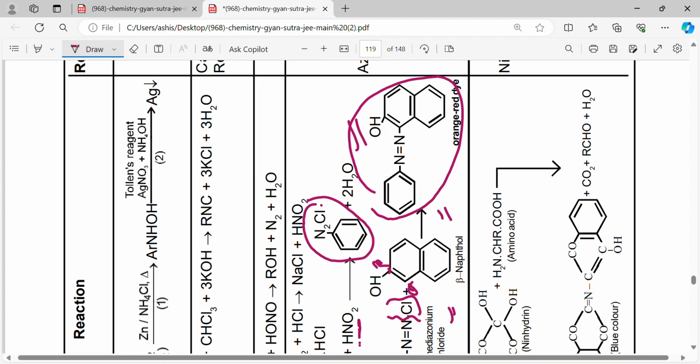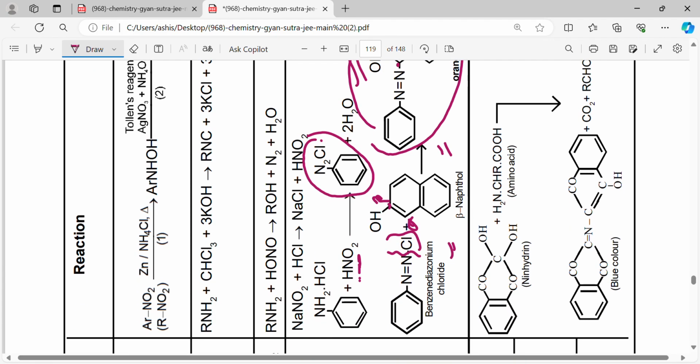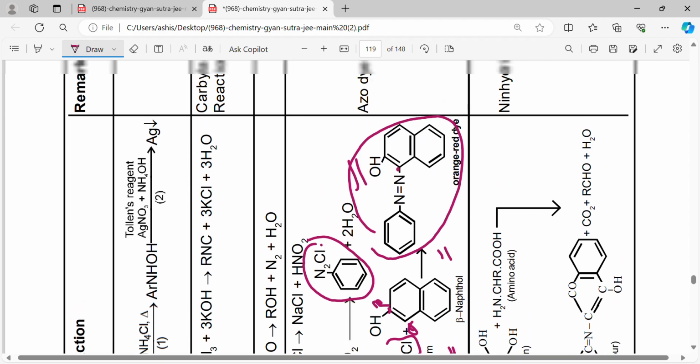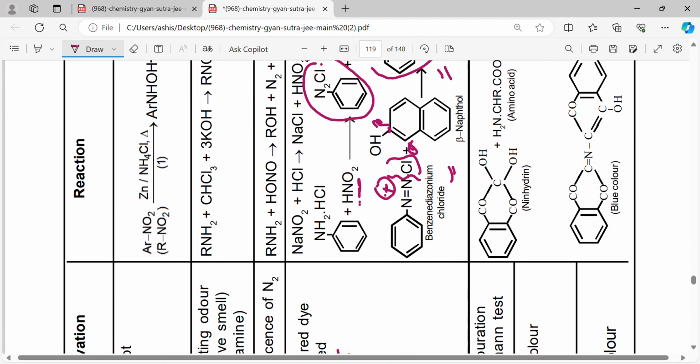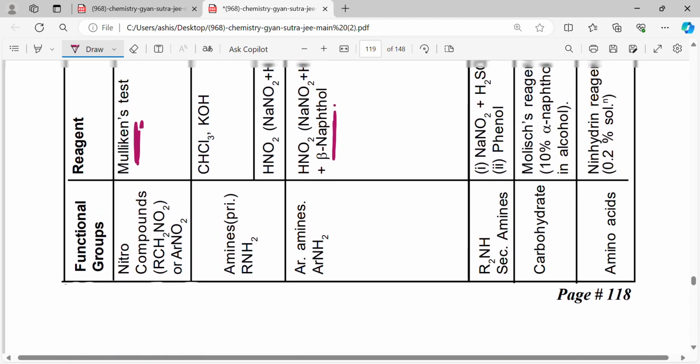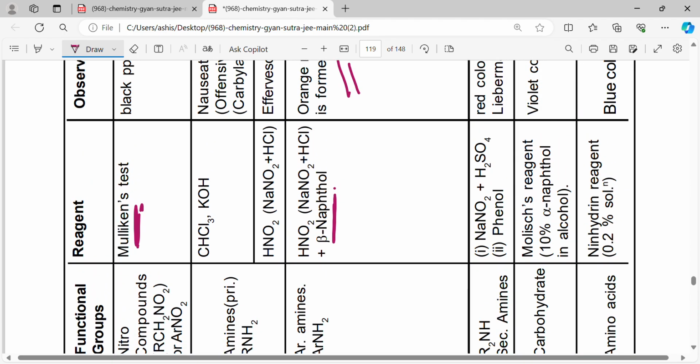So when beta naphthol reacts with diazonium chloride, the ortho hydrogen from beta naphthol is substituted. So that is like an electrophilic substitution reaction, where the electrophile is benzene diazonium chloride, and this electrophile substitutes the H+ from beta naphthol, and we will get the orange dye. So that is called the azo dye test. That is an important test.